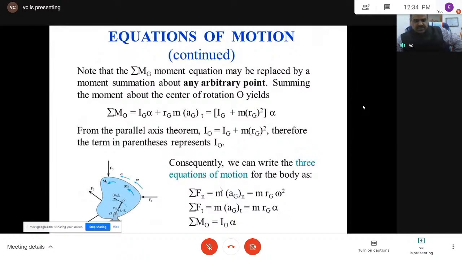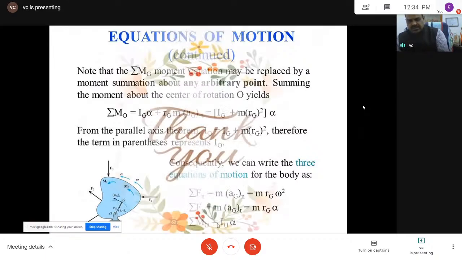So you can consider F is equal to W by g into a_x, W by g into a_y, or W by g into x double dot, W by g into y double dot. Moment is equal to I alpha. So this is how we generally consider and solve the problem. This is the plane motion of your body.